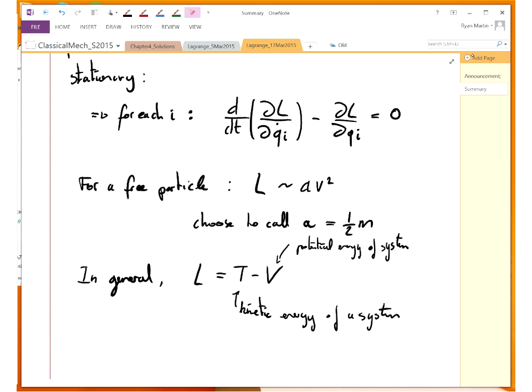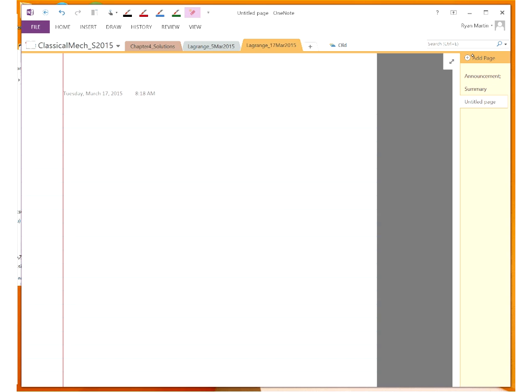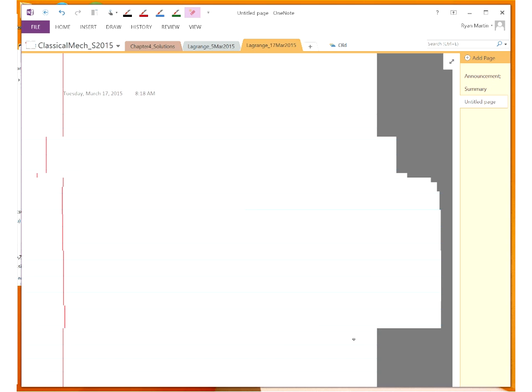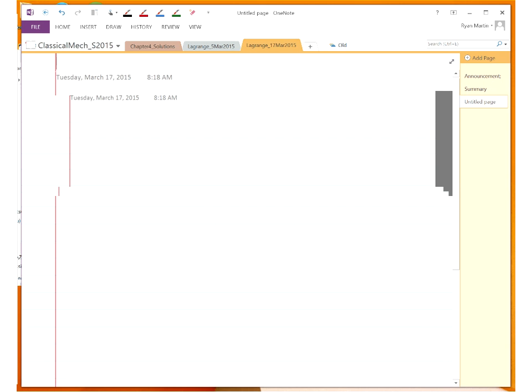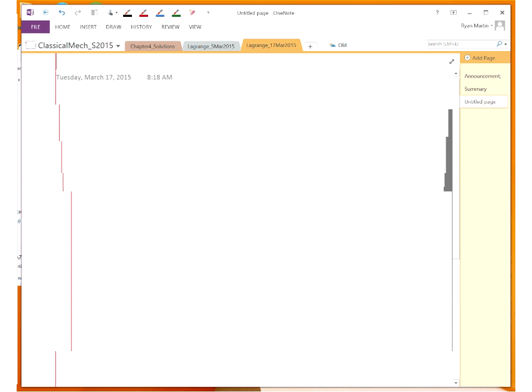In that spirit, let's move on to properties of the Lagrangian and look at some properties that this function L has.